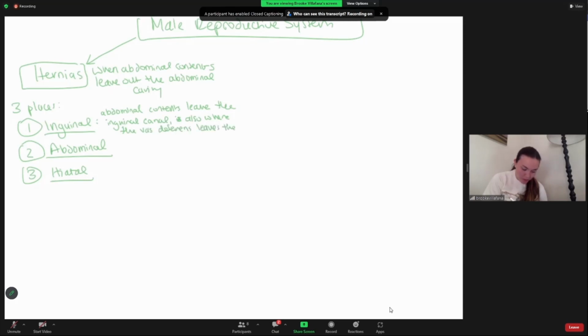It will basically bulge out toward the testes because there's a weak spot. Does that make sense? Hernias happen in a weak spot.